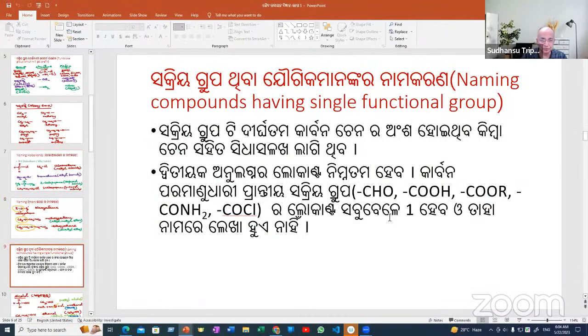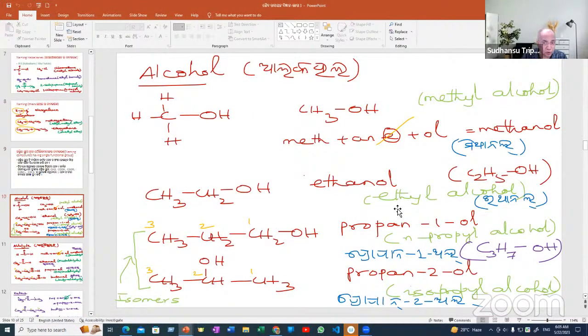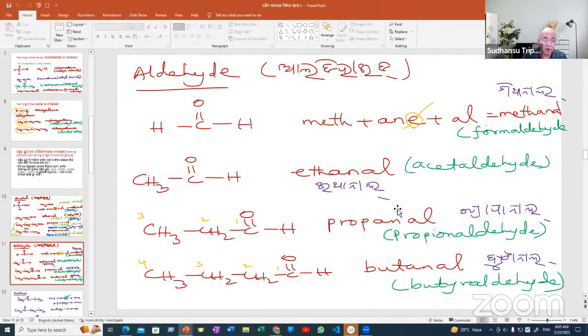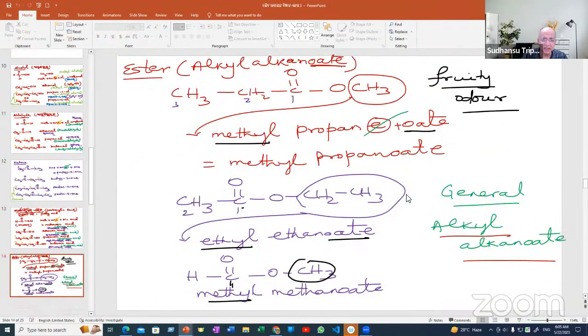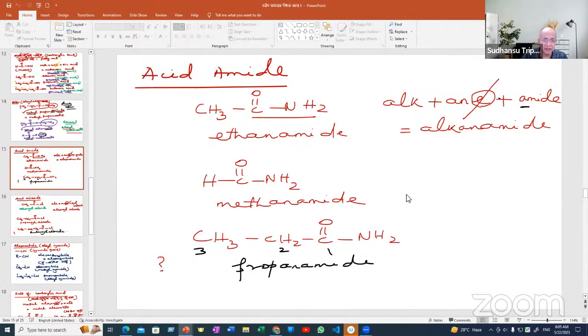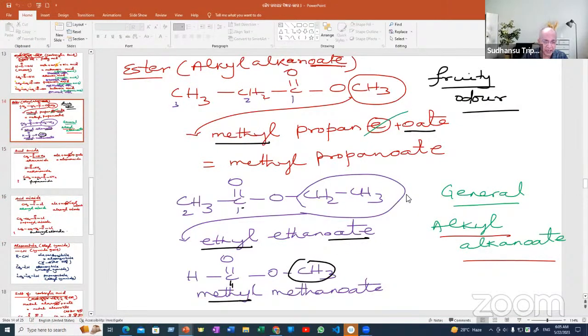Also we had seen how compounds like alkane can have several structural isomers. So also alkenes and alkynes. I think I gave you a task. I remember this is acid amide, alkanamide. This is OH.